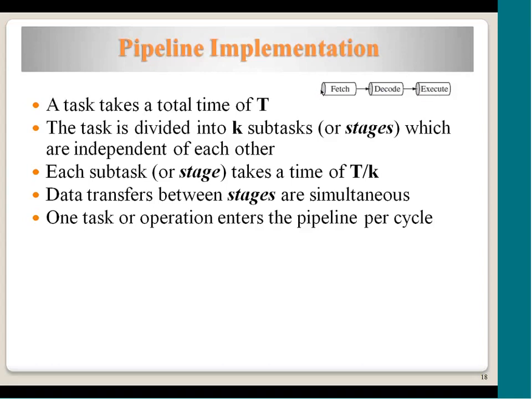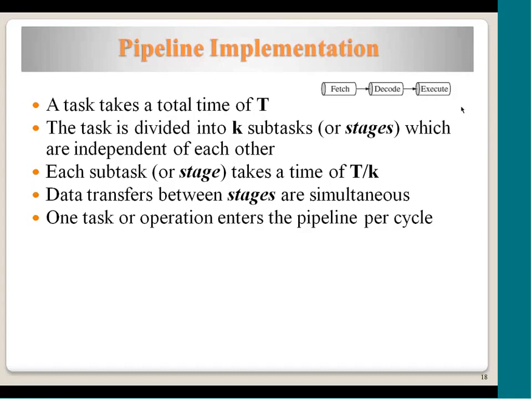The first instruction will be only here, so nothing is coming out yet. When the second instruction comes in, it is fetched here and the first instruction moves to the decode stage. In the third cycle, the third instruction gets fetched, the second instruction enters the decode logic, and the first instruction comes to the execution stage. After the end of the third cycle, the first instruction which came in has completed execution.